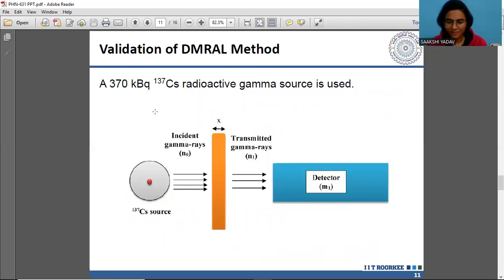Here the experiment design for the radiation measurement system to validate the DMRAL method is shown. Here a cesium-137 radioactive gamma source is used, whose activity was 370 kilobecquerel. Polyethylene and lead absorber materials were used in the experiment.